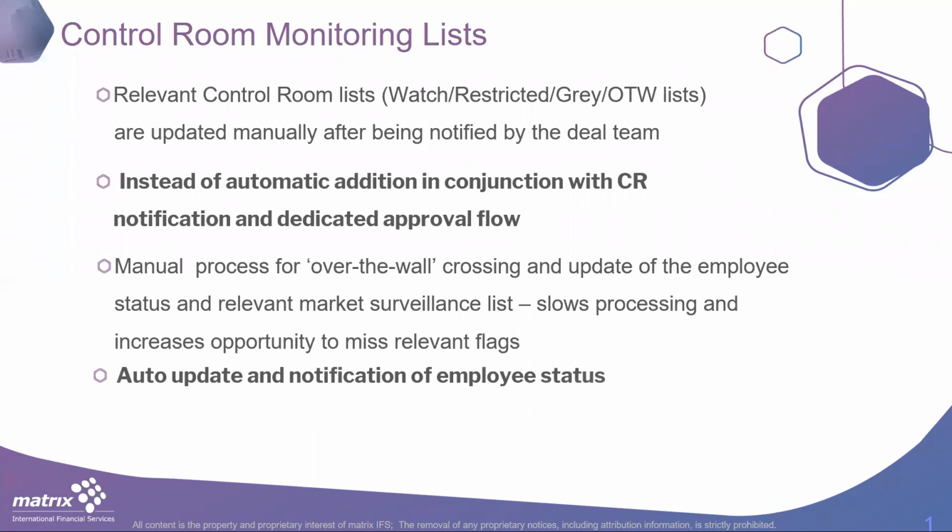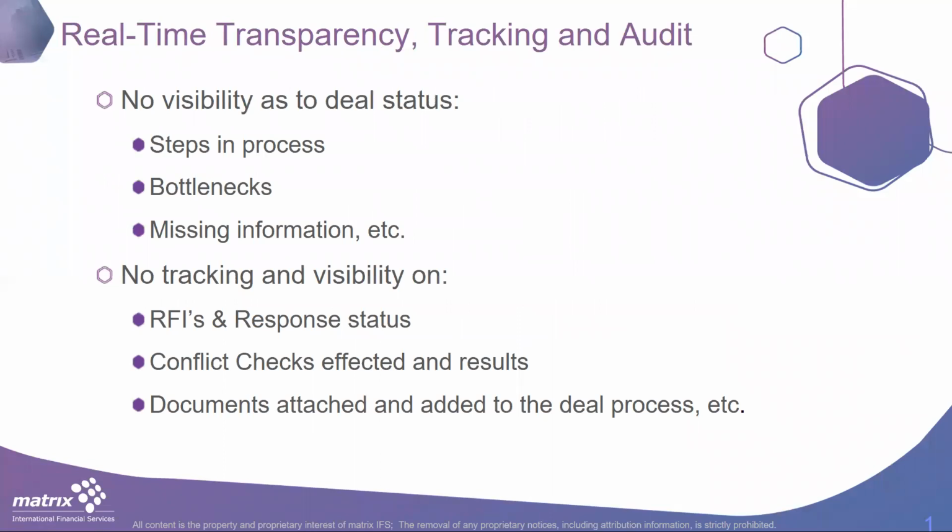One more challenge, and here I'm going to touch more on the logistical challenges we have right now, which are the obvious ones. Real-time transparency, tracking and audit is a major pain point across the board from all the projects we did. This is one of the things they wanted to solve through a dedicated bespoke system. Right now there is no visibility to deal status.